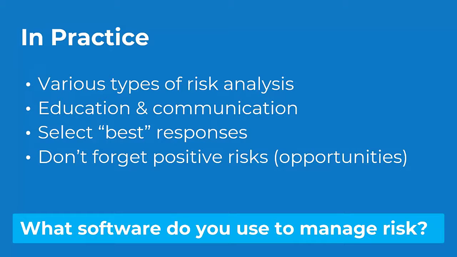Then you want to help the team and the executives understand what a risk is and what risky situations might come up on your particular project. And you also want to make smart choices about risk responses and really select the best possible result for both positive and negative risks. Optimizing the risk responses, that's really core to this principle, right?